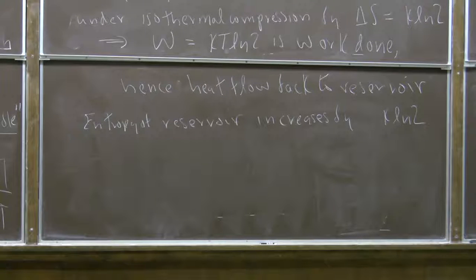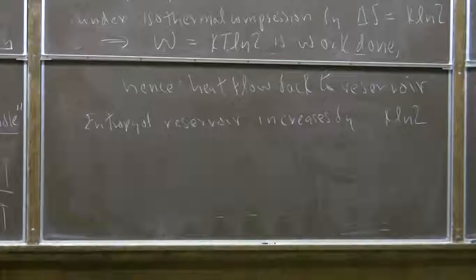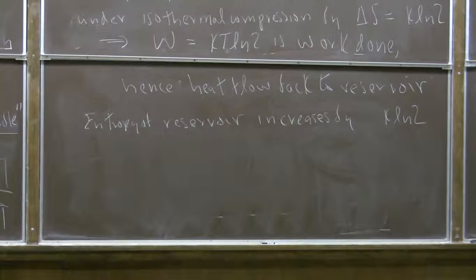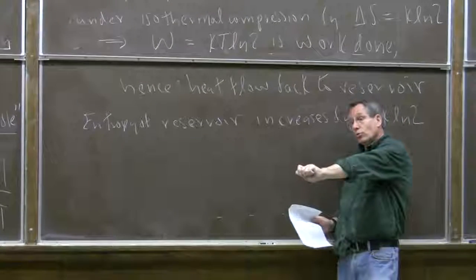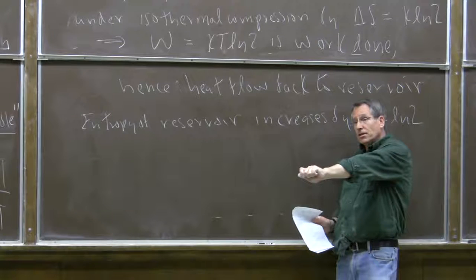But it wasn't a closed cycle, because I wound up with a bit stored in the daemon's memory. To get a really closed cycle, I've got to erase that bit. The erasure of the bit, though, is a dissipative process. It sends, when it's done as reversibly as possible, entropy k log 2 back to the reservoir, and it requires that we do work kT log 2.